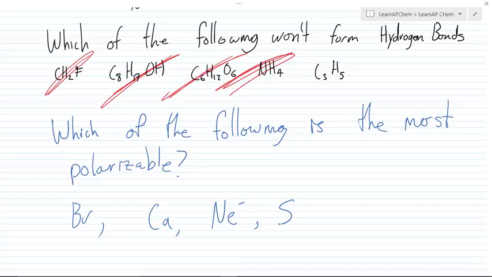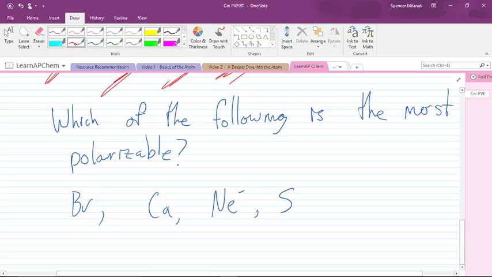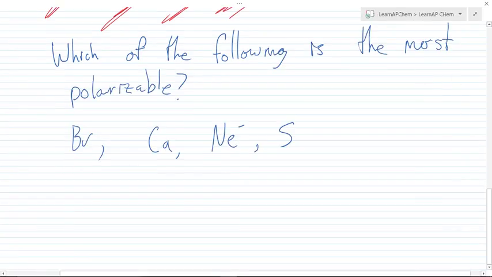Alright, so our answer here is our first compound, Br. So let's jump in and see why that's the case. First thing we should do is write out how many electrons each has. So bromine is atomic number 35. Calcium is atomic number 20, so we have 20 electrons.